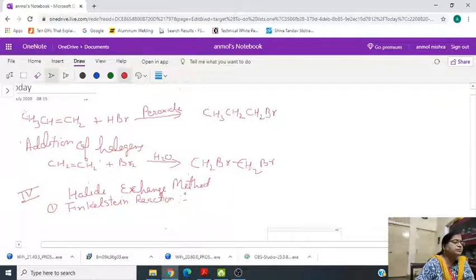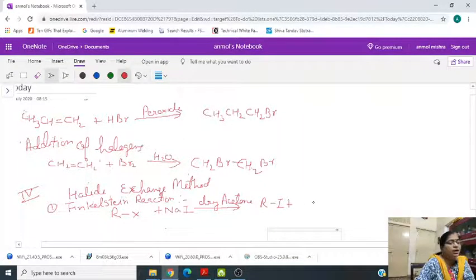Finkelstein reaction, when R X reacts with NaI in the presence of dry acetone, it forms RI plus NaX.